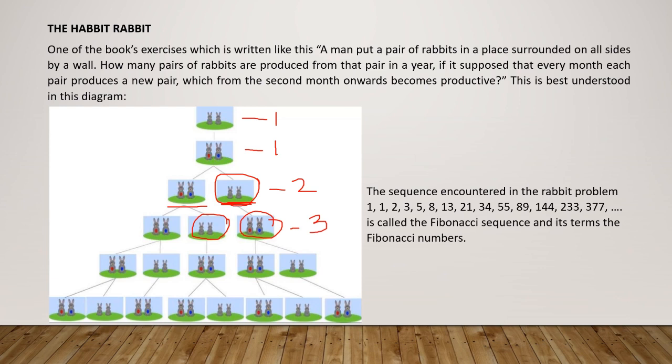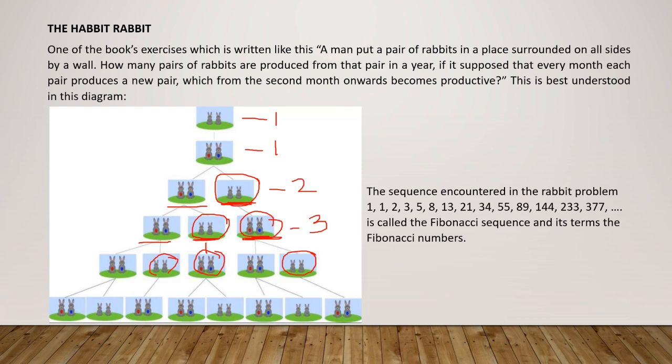Then for the next month, our parent rabbits have produced another baby pair. And the previous babies have already matured. But the firstborn babies, since they have already matured, were able to produce another pair of rabbits.